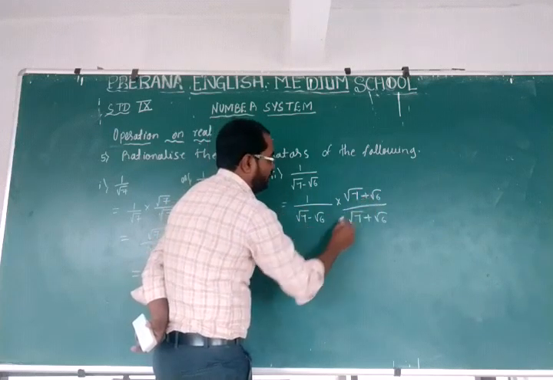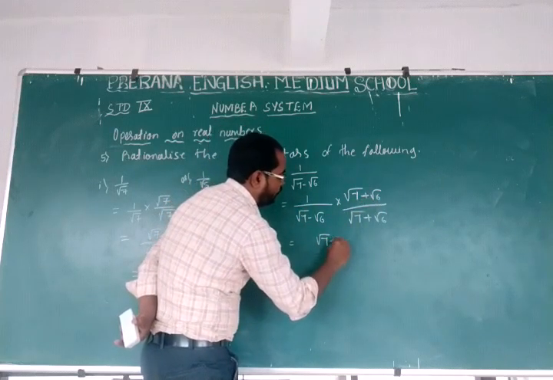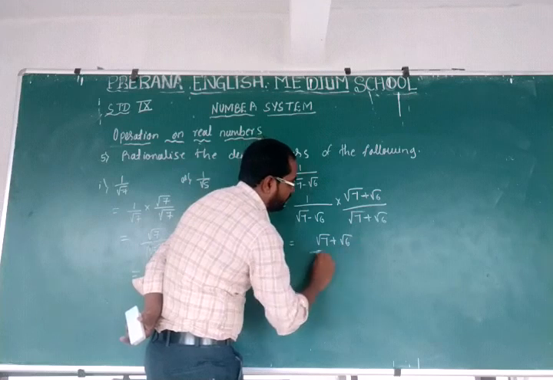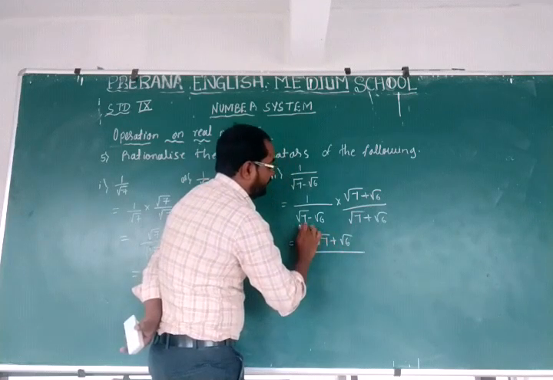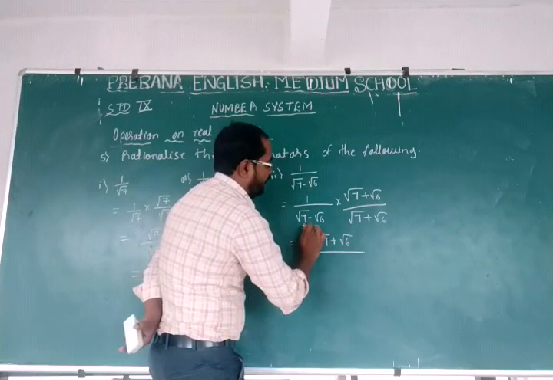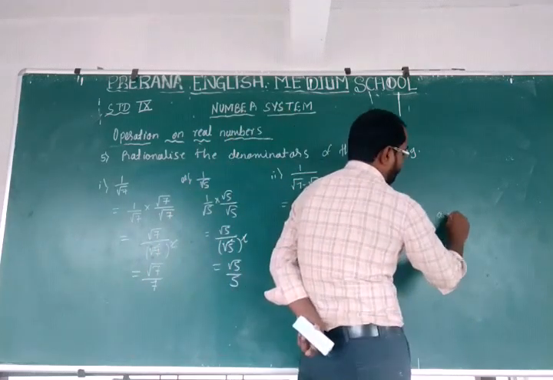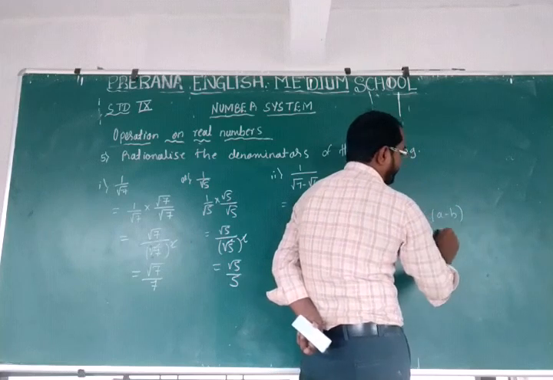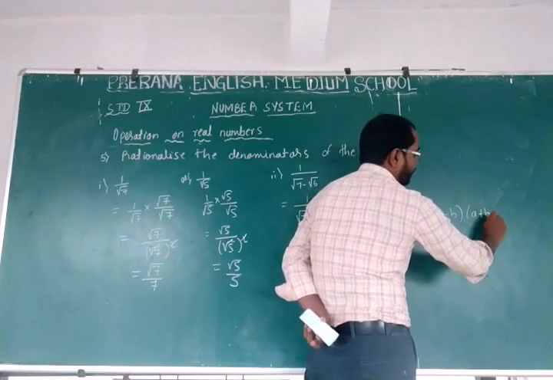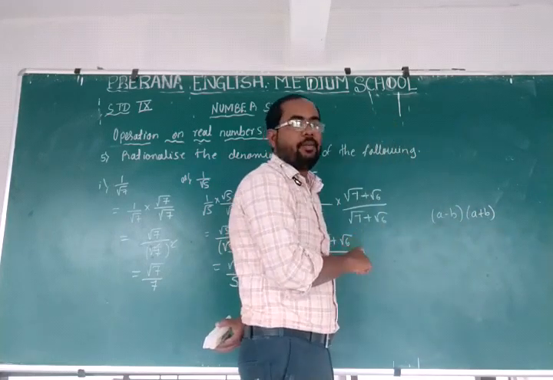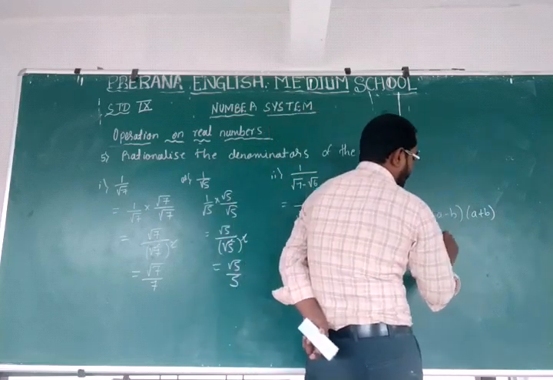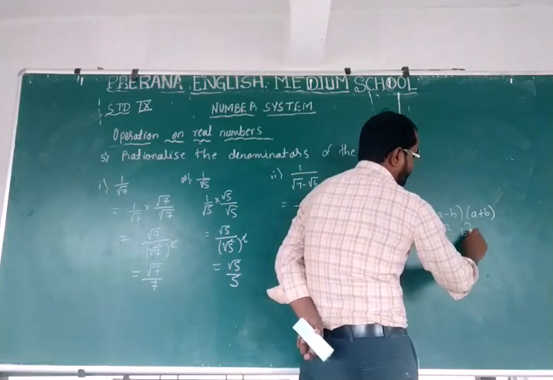1 into root 7 plus root 6 will remain as 1 into root 7 and 1 into root 6. See here, the denominator is in the form a minus b and a plus b, which will become a square minus b square.